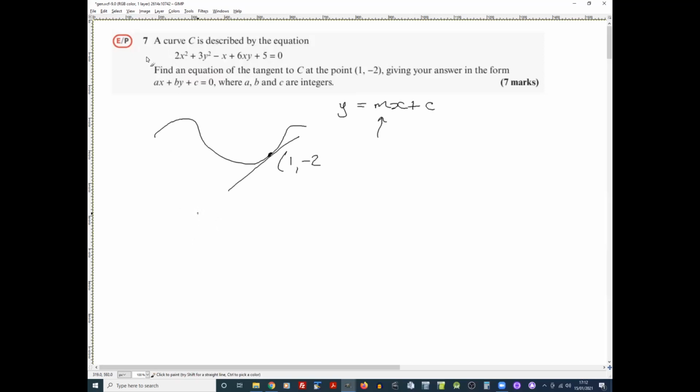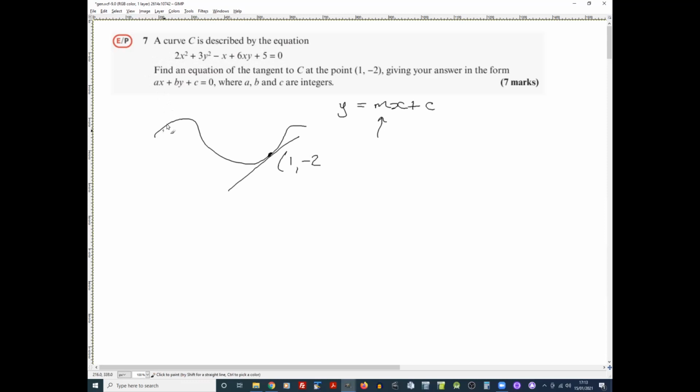The very point of it is that we can't say y equals a function of x explicitly. We could possibly make y the subject, but that's needless hard work when we can differentiate implicitly and then get dy/dx explicitly.